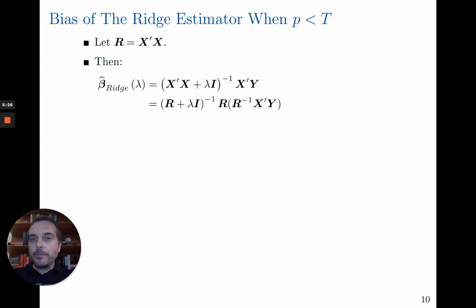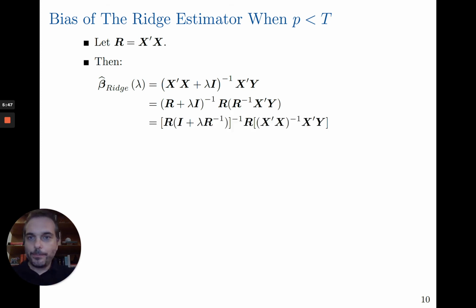Let's replace x prime x by R here, and what I'm going to do is multiply by R inverse, so this is equal to identity, right? So I'm doing nothing here, just for convenience.